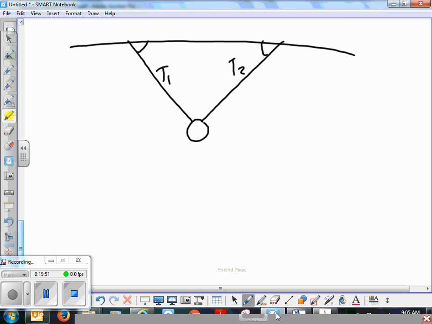Here's your force of gravity. Right now, what are you thinking about the ropes? Because there's nothing else there, they're the only thing that can counteract this force of gravity, do you agree?